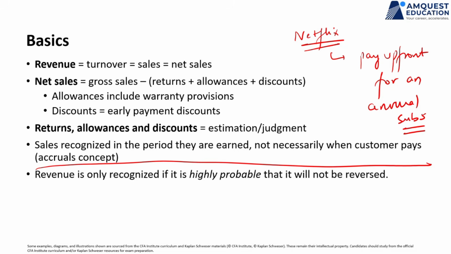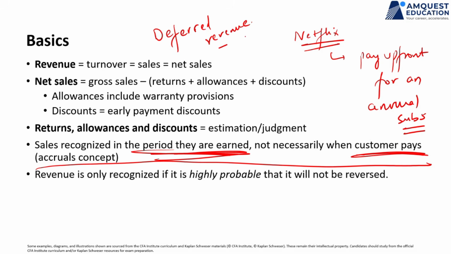Please remember, the customer has paid, but the services have not been provided, which means you have not earned the revenue. The amount of money that Netflix receives is recorded on the balance sheet and is called deferred revenue. Deferred revenue means the revenue is yet to be earned. It is just booked as a liability for now.